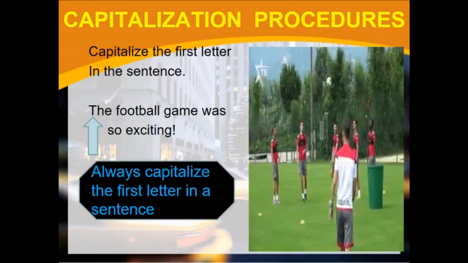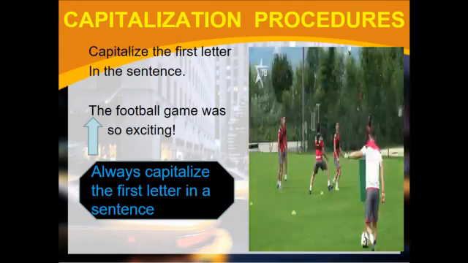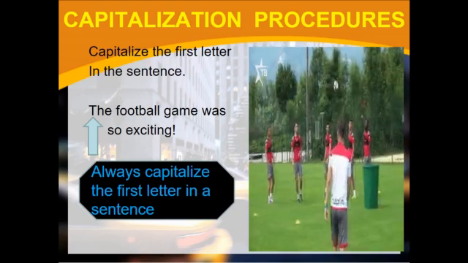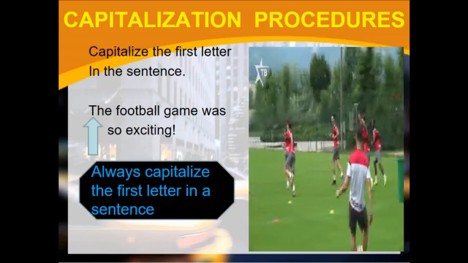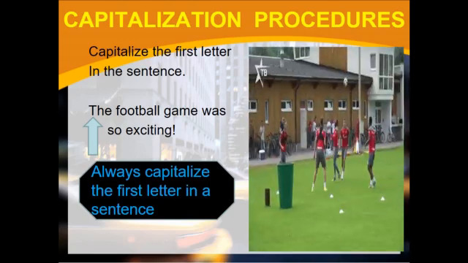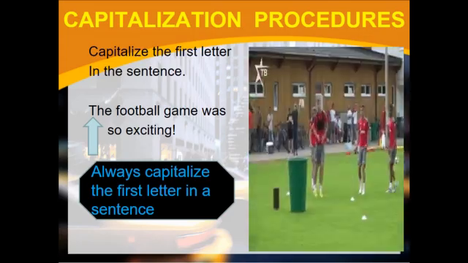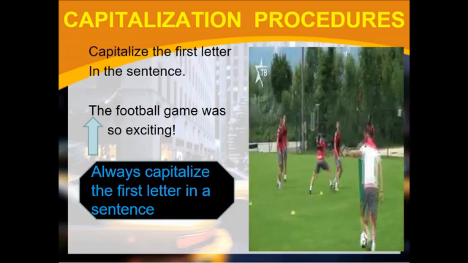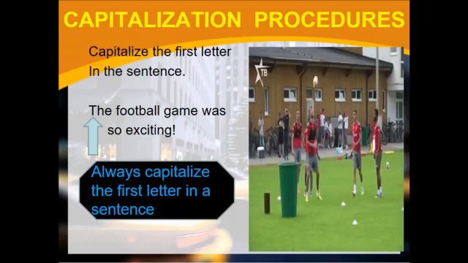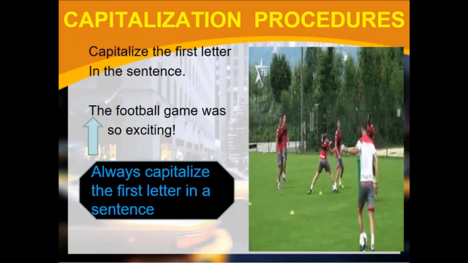As you can see in this sentence, "The football game was so exciting," the arrow points to the first letter of the sentence, and that means that's the very letter that needs to be capitalized. When we say you need to capitalize the first word of the sentence, that is the first letter. Therefore, always capitalize the first letter in a sentence.